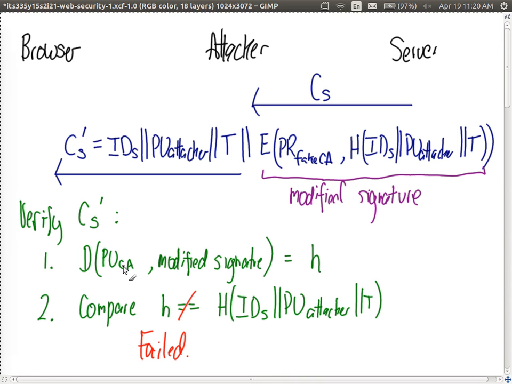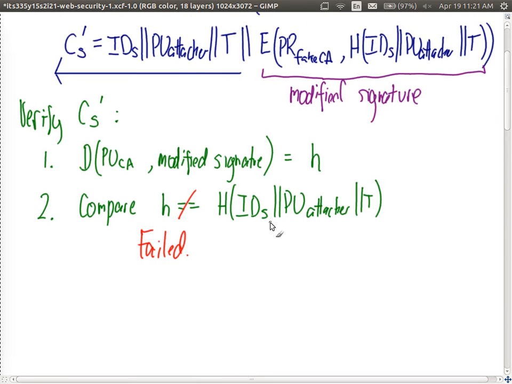So that didn't work because we, as the browser, verify using the public key of the certificate authority, but the attacker didn't have the private key of the certificate authority. So the verification failed. What if a slight variation of that case?